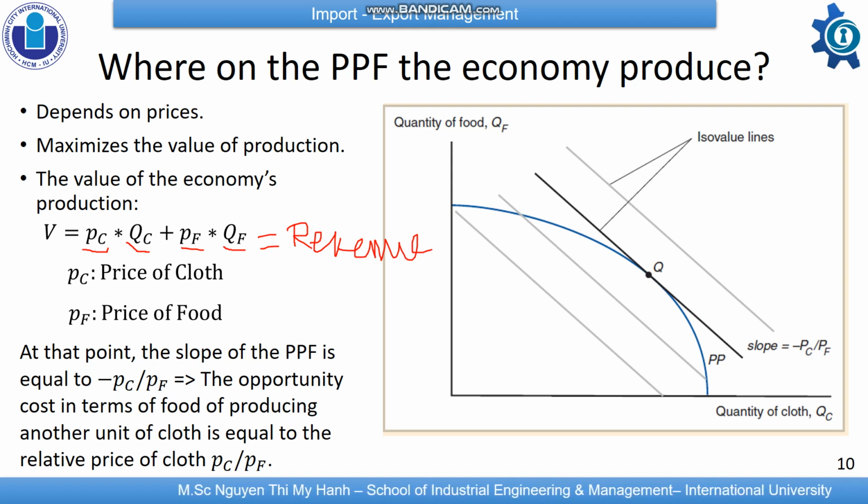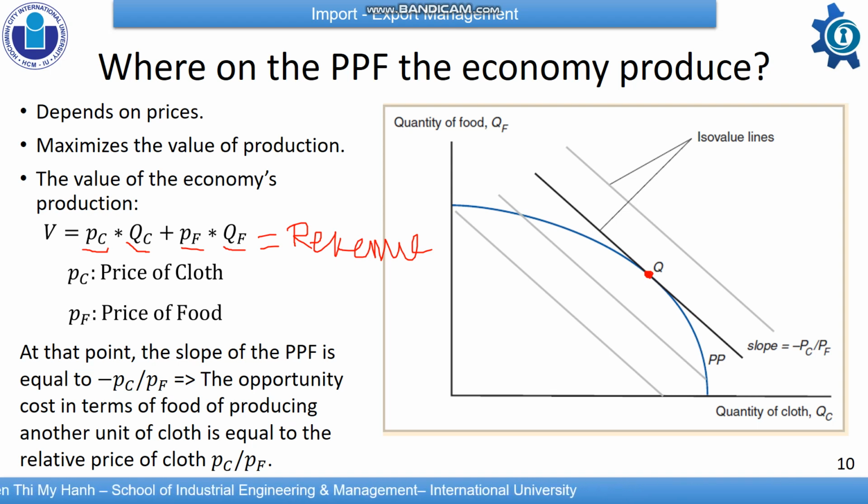We have our isovalue lines like this, and this point is the point that gives the highest value for the economy's production.